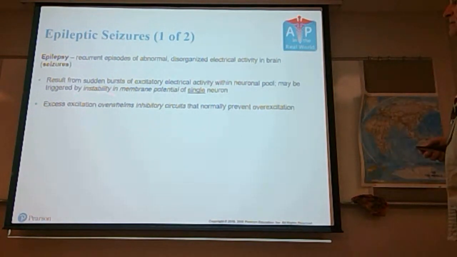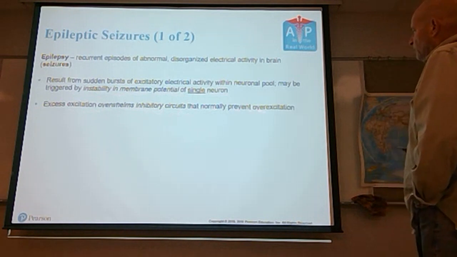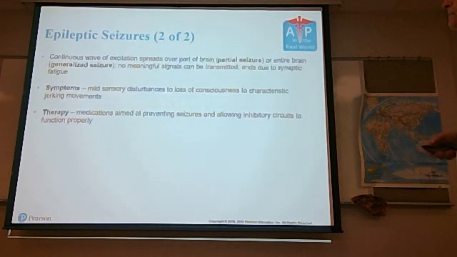May be triggered by instability in membrane potential of a single neuron. Excess excitation overwhelms the inhibitory circuits that normally prevent overexcitation. A continuous wave of excitation spreads over part of the brain, a partial seizure, or the entire brain, a generalized seizure, when no meaningful signals can be transmitted, and it will ultimately end due to synaptic fatigue.